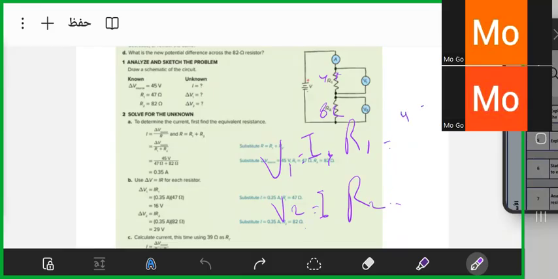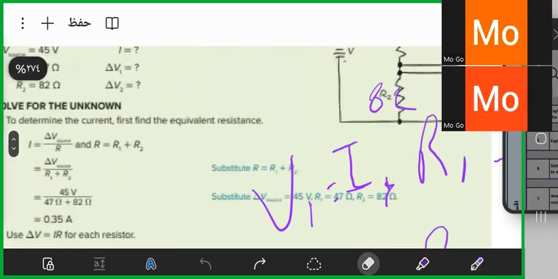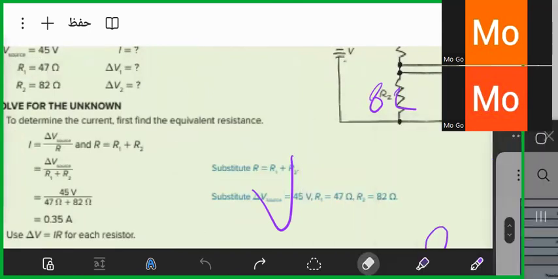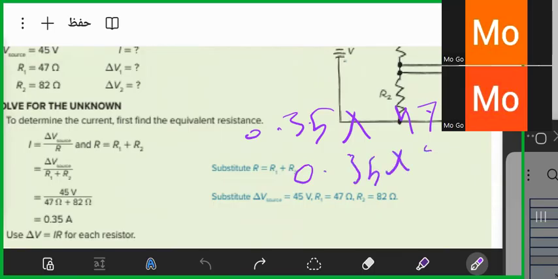It was 0.35 multiplied by 47. The next one was the same, 0.35 multiplied by 82.